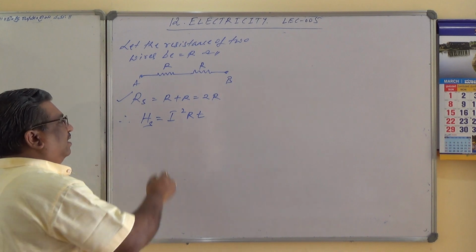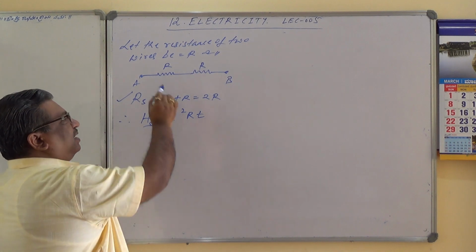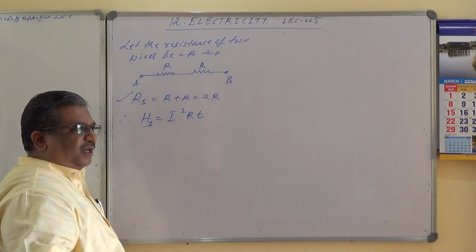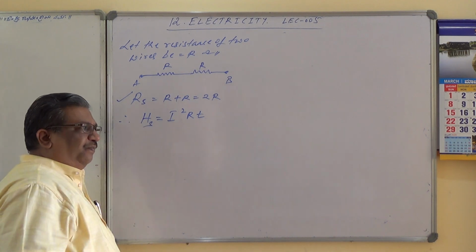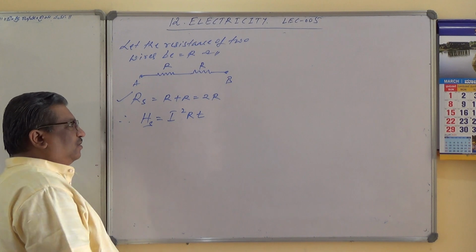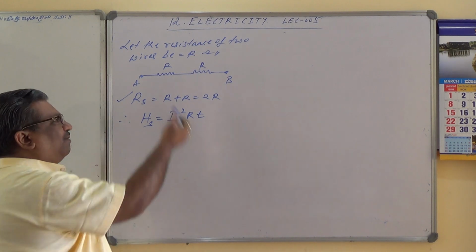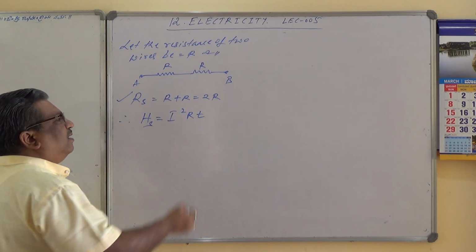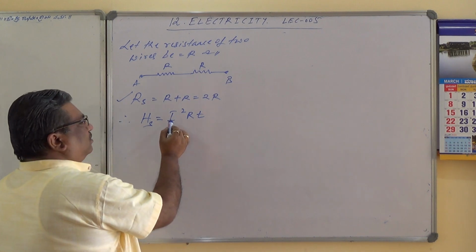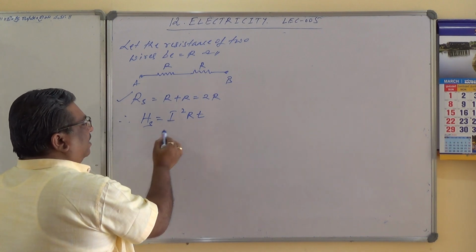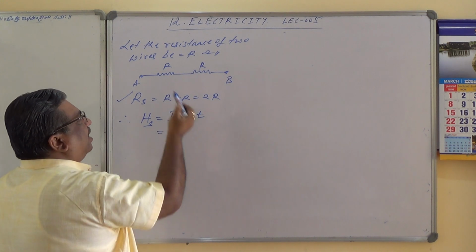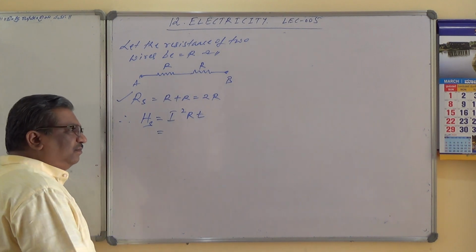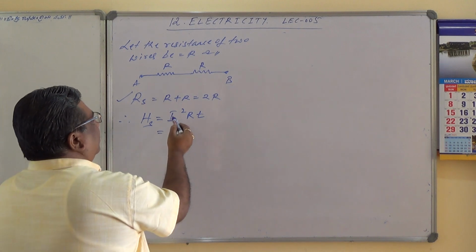Once again, I changes in series and parallel combination. I have to eliminate the I in the formula in order to compare the ratios, because I don't know the currents here. Therefore, in order to eliminate I, let me express this entire RHS in terms of R and V. How to do that?